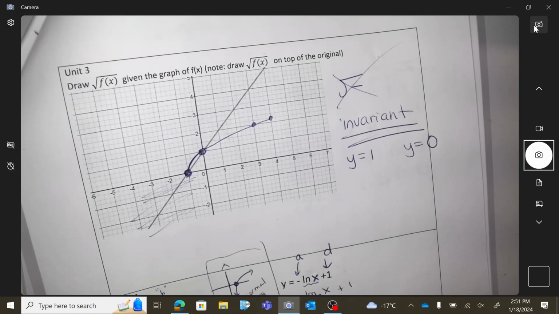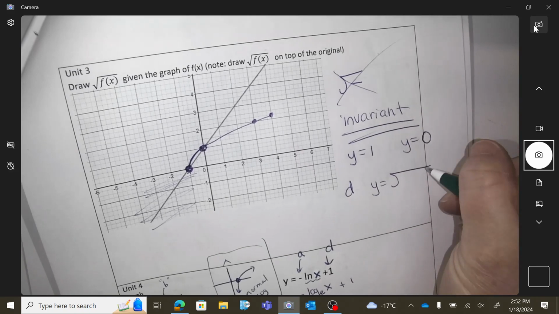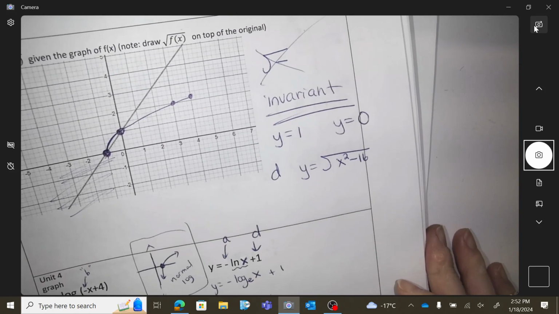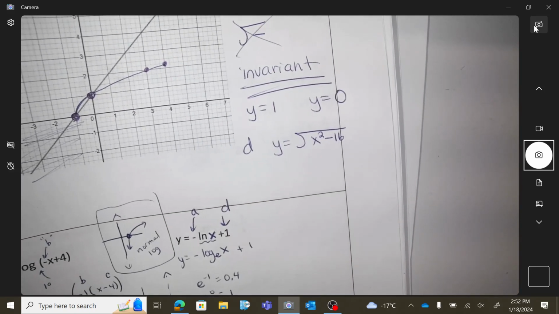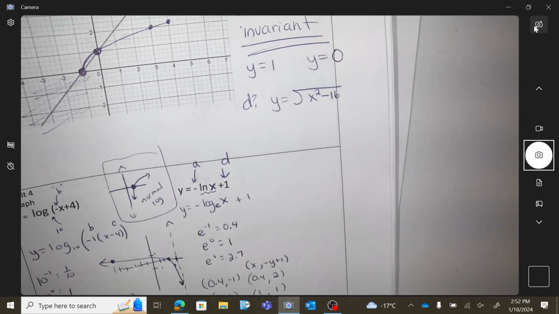You know what I did on your test? For a provincial exam question I put on your test and hardly any of you got it. What was the domain of the square root of x squared minus 16? What's the domain of this?